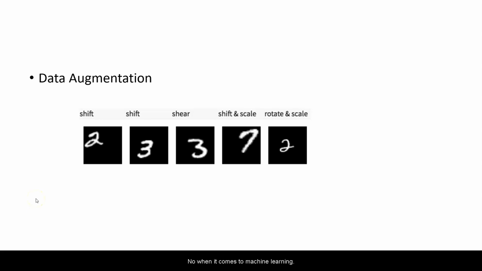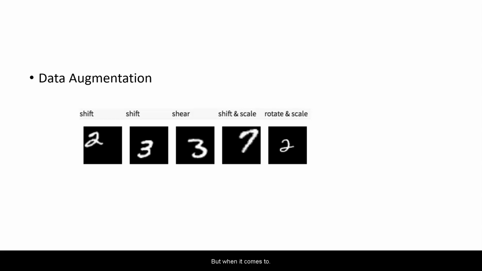Now, when it comes to machine learning, we were not able to increase the size of the training data set because we need a labeled data set, and we know labeled data sets are very costly.